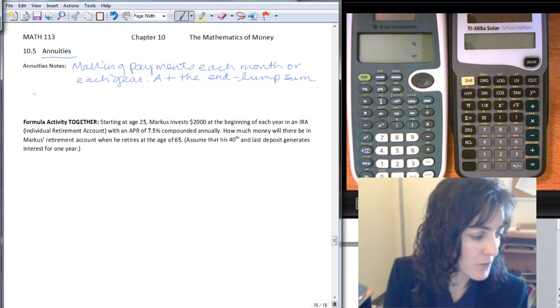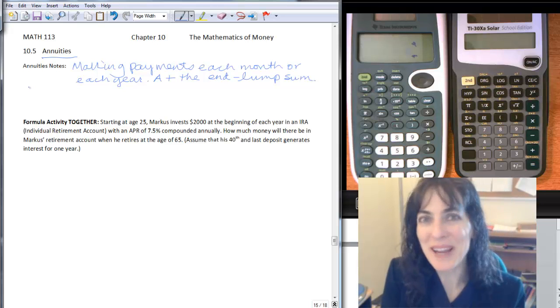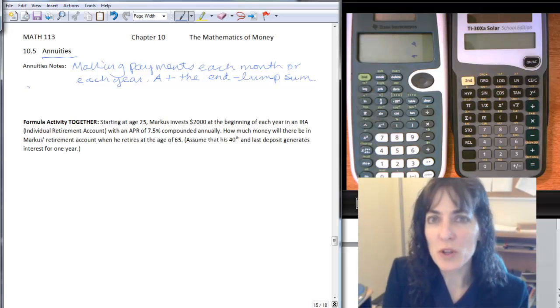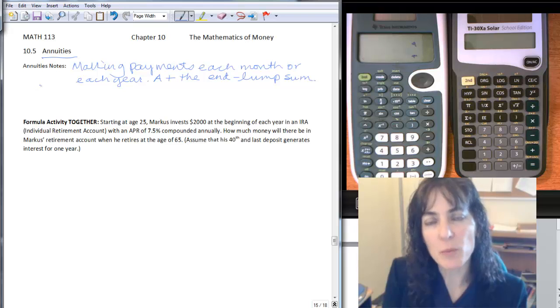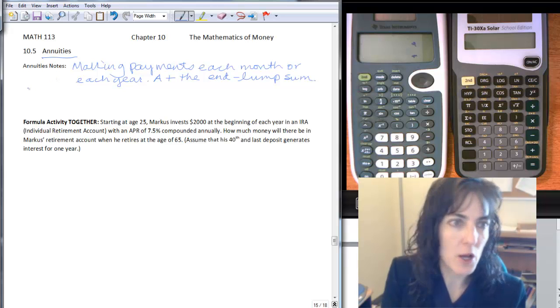So there is a formula, and it's the most complicated that we've done so far, but we'll use a lot of techniques that we've used already, plus I'll show you how to use the store and the recall buttons again on your calculator, and you can use those to help you.